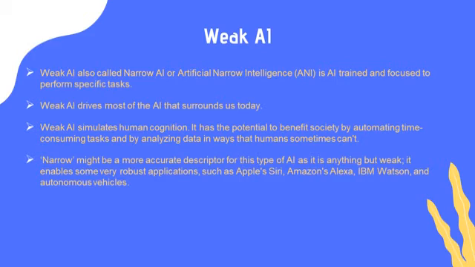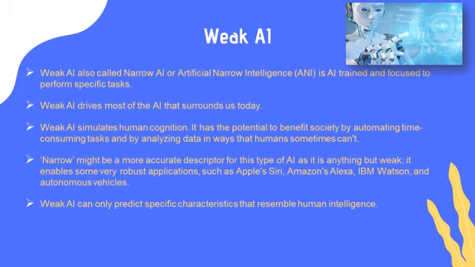Narrow might be a more accurate description for this type of AI, as it is nothing but weak. It enables some very robust applications such as Apple Siri, Amazon's Alexa, IBM's Watson, and autonomous vehicles. Weak AI can only predict specific characteristics that resemble human intelligence.